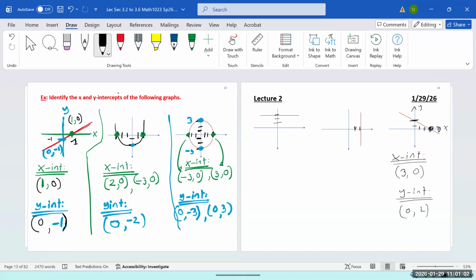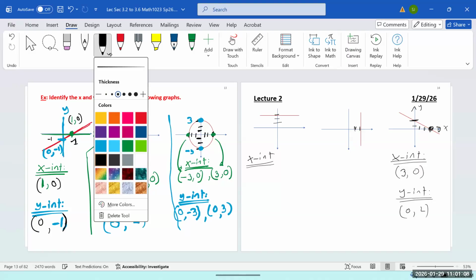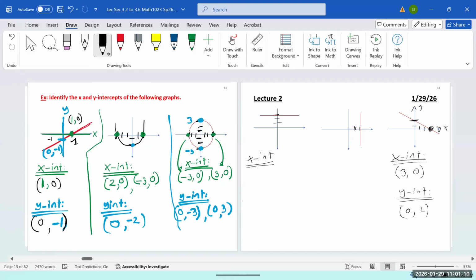Okay, now who would like to volunteer for the first one? A little bit tricky. Any volunteer? Good job. We get an x-intercept only when you cross the x-axis. This is our graph.